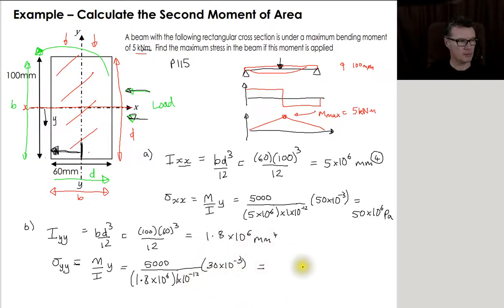And that will give me a result of 83.33 times 10 to the 6 pascals.